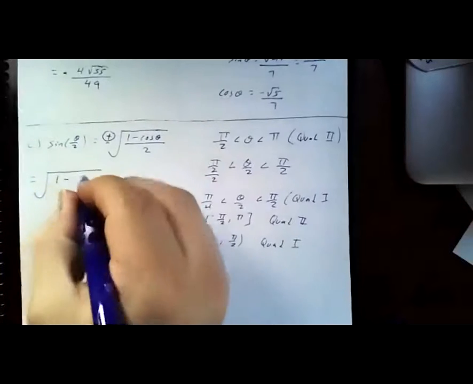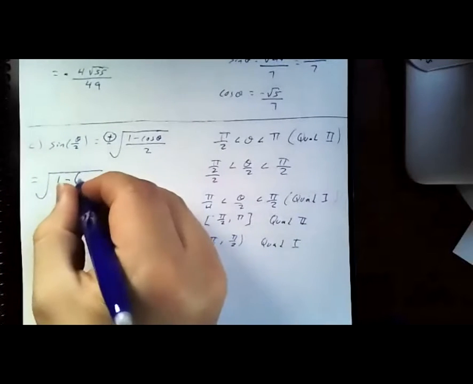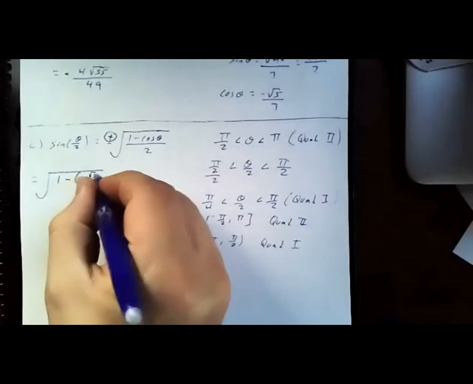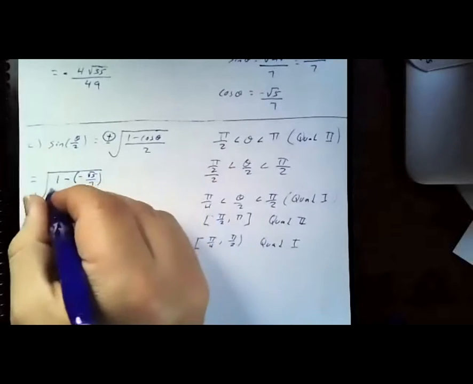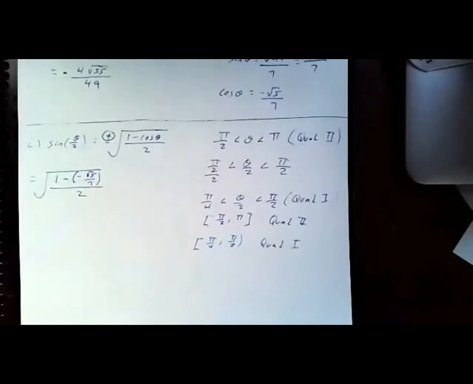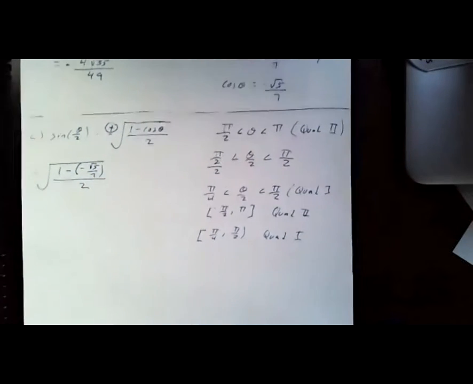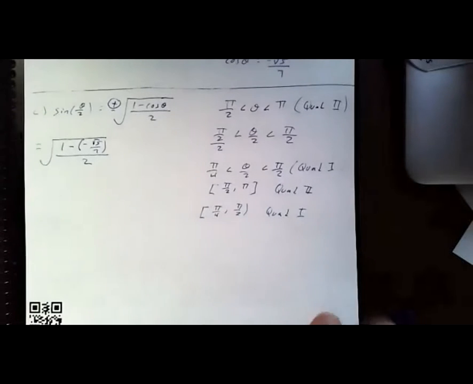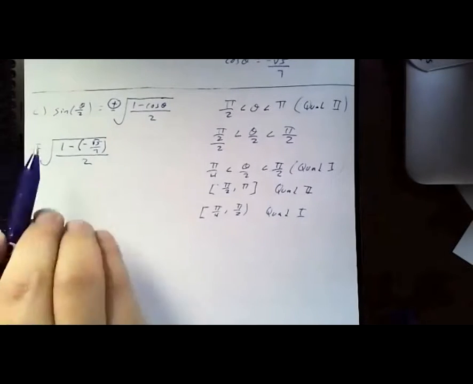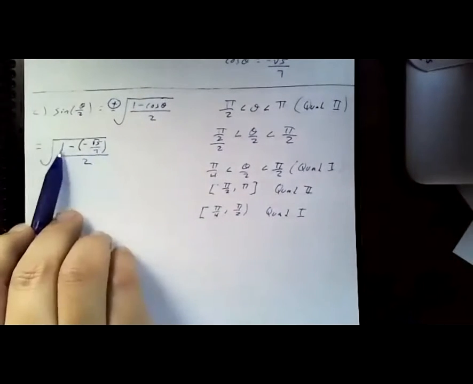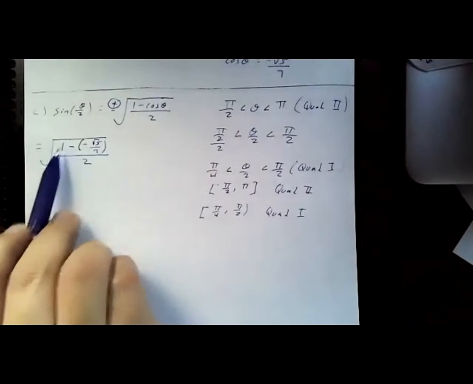One minus a negative square root 5 over 7, divided by 2. So then subtract these. You're going to get the common denominator of 7 over 7.